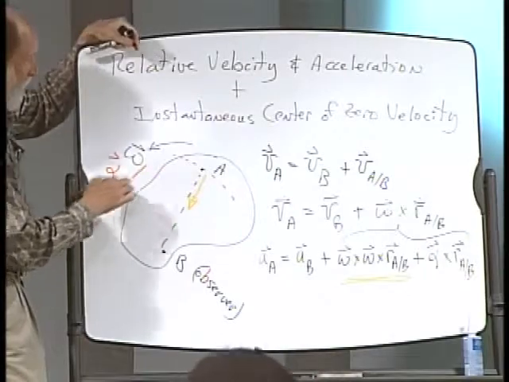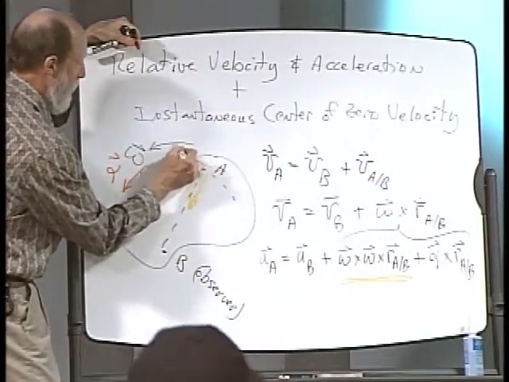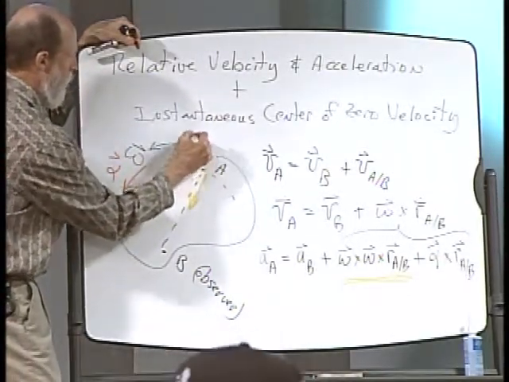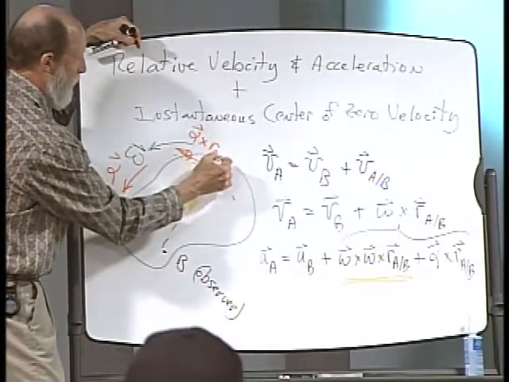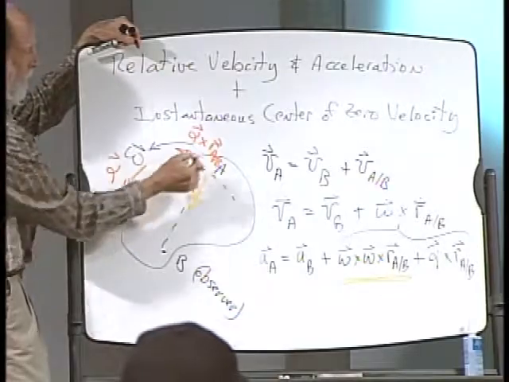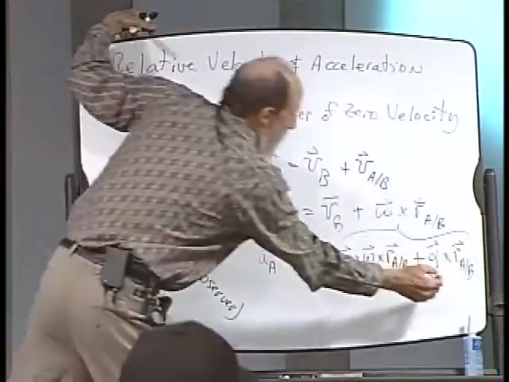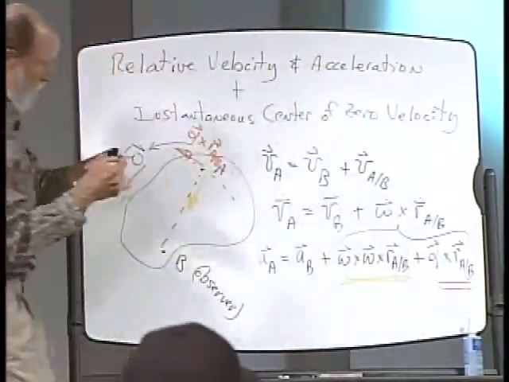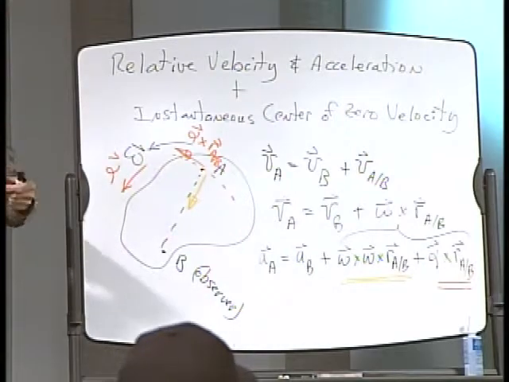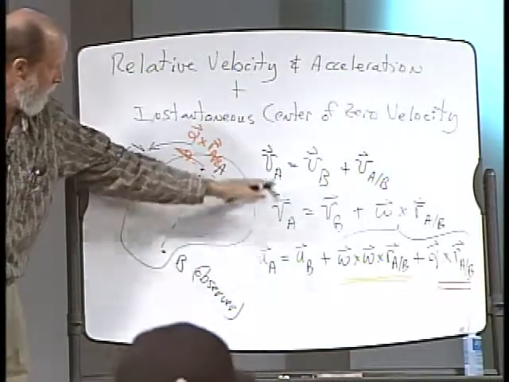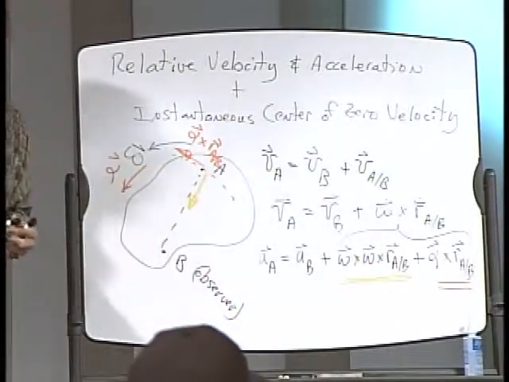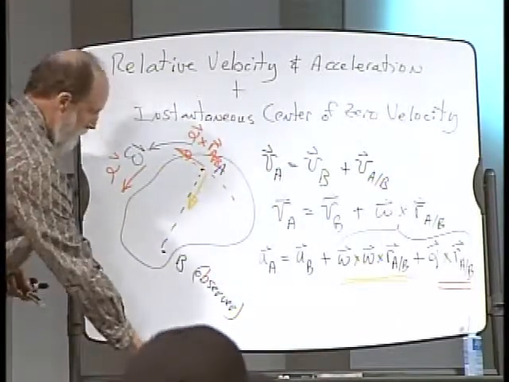If there's some alpha, then there could be an alpha term, there's the alpha cross r of A relative to B term right there, which is your pseudo-tangential type of term. Okay, so that's the theory for the kinematics on a rigid body.